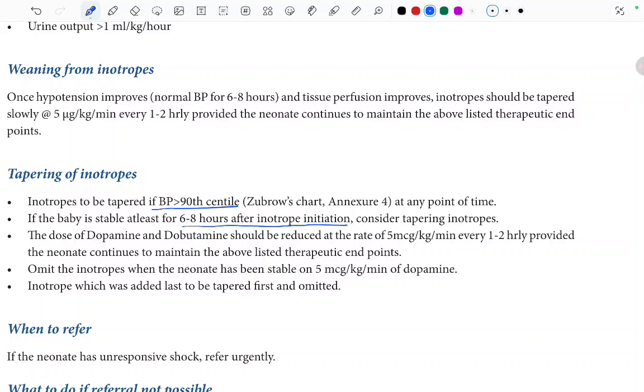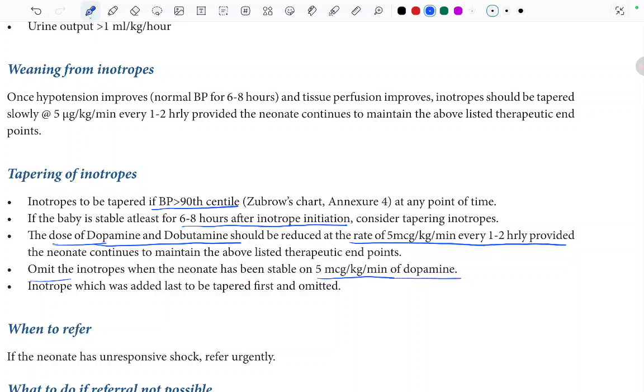The dose of dopamine and dobutamine should be reduced at the rate of 5 microgram per kg per minute every 1 to 2 hours, provided the neonate continues to maintain the above listed therapeutic endpoints. Omit the inotropes when the neonate has been stable on 5 microgram per kg per minute of dopamine.